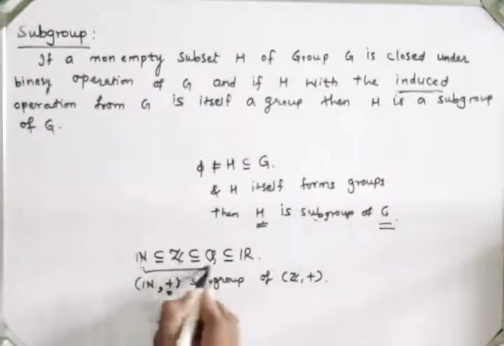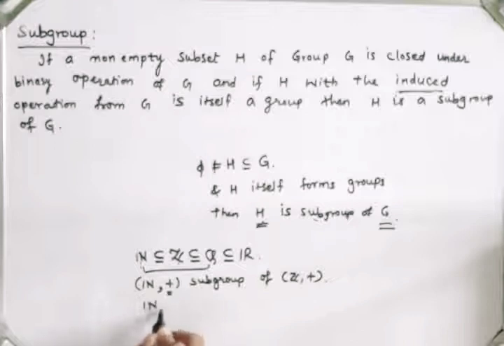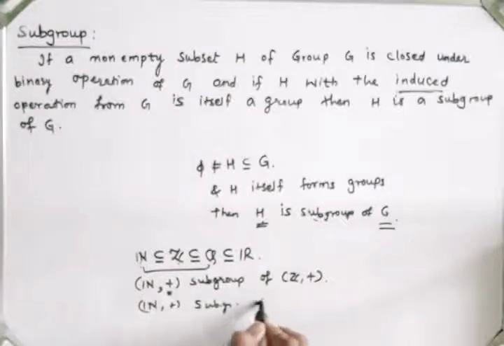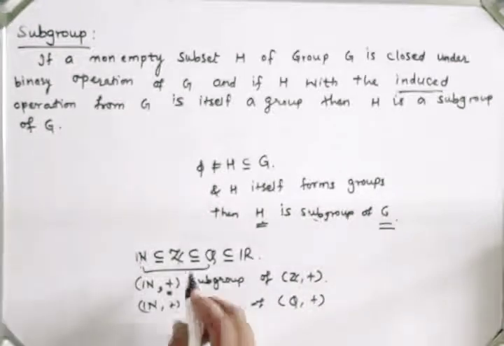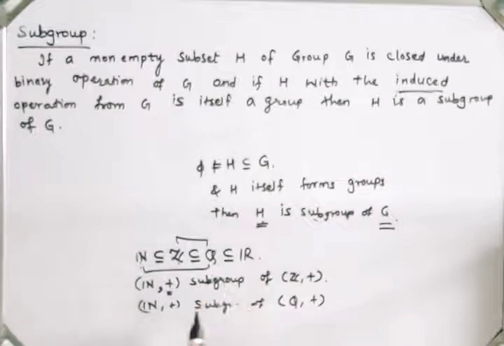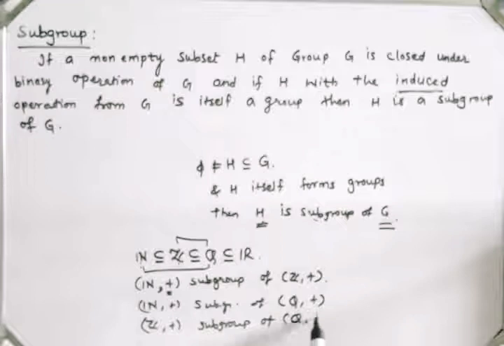Next, natural numbers under addition are a subgroup of the set of rational numbers under addition. Next, the set of integers under addition is a subgroup of the rational numbers under addition.